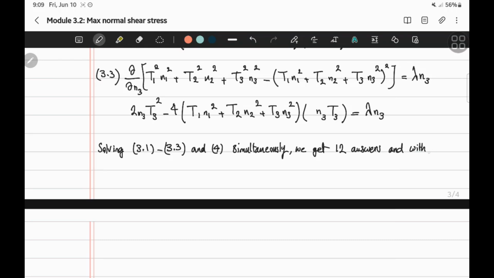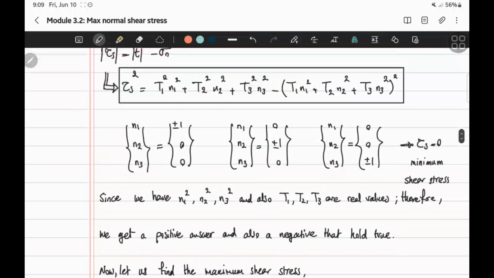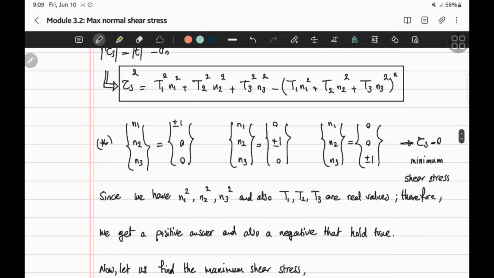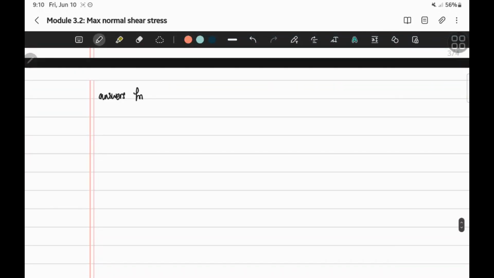And with 6 answers from here, from star, I call this, we get 18 overall answers for the combination of n1, n2, and n3.